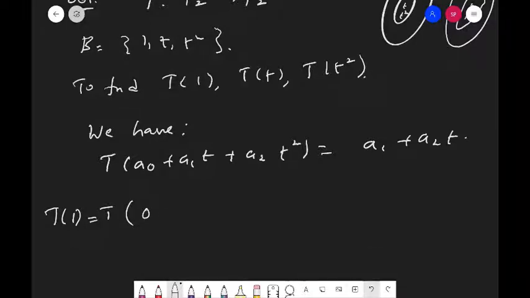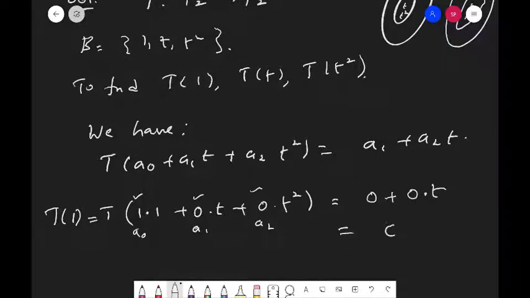I have a constant 1 here, so it is 1 times 1 plus 0 times t plus 0 times t squared. So this is a0, a1, a2. So a1 plus 2a2t, where a1 is 0 and a2 is 0, which is equal to 0.